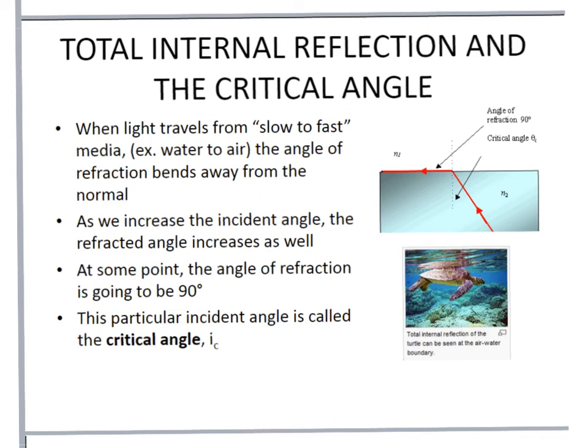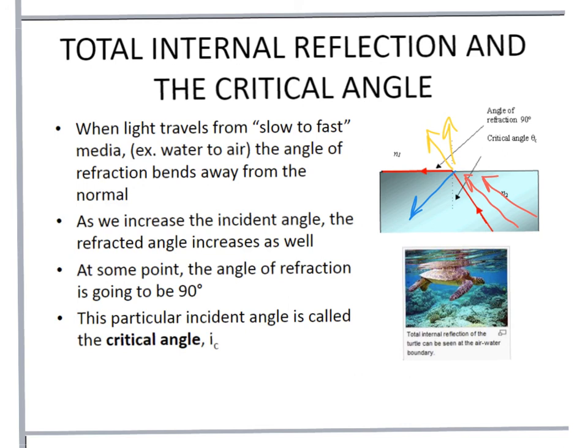As we change that angle of incidence, there will be a point where instead of being refracted, there is total internal reflection, meaning it no longer is refracted out. Instead, we get total internal reflection. So all of the light is reflected instead of being refracted.